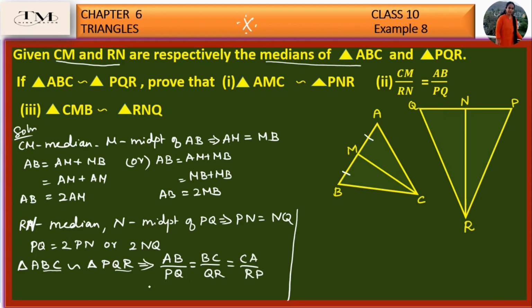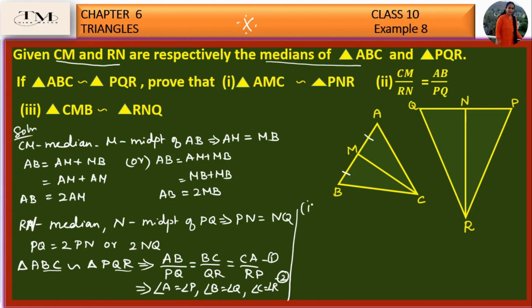Their corresponding sides are proportional, and their corresponding angles: angle A will be equal to angle P, angle B will be equal to angle Q, and angle C will be equal to angle R. So this is 1 and this is 2. These are the things we know from the similarity.